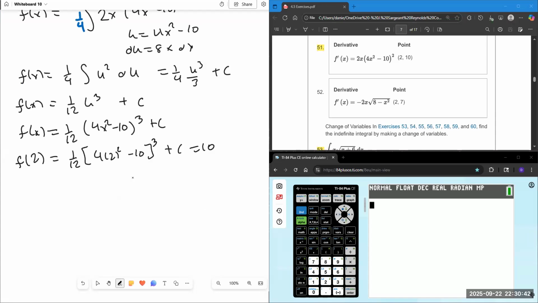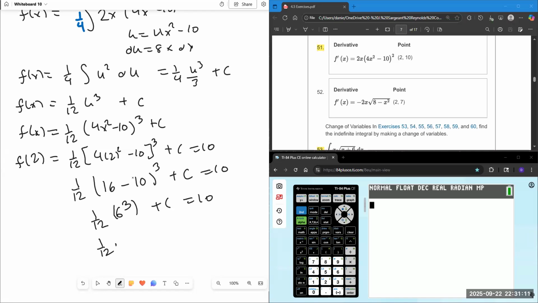So 1/12 of (4 times 4 is 16, minus 10) raised to the third plus c is equal to 10. 1/12 of 6 to the third plus c is 10.